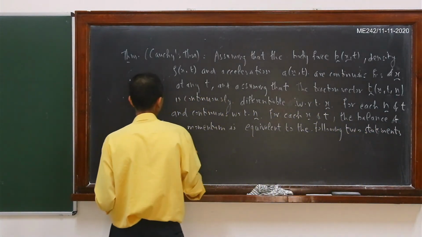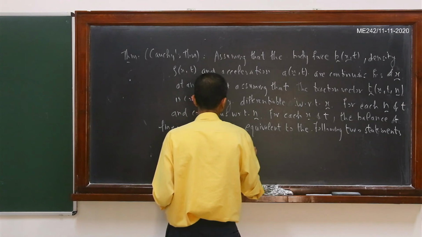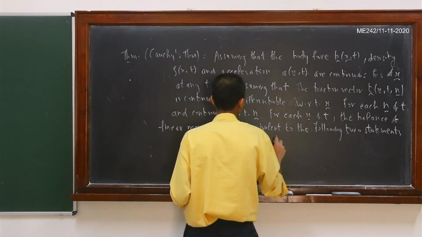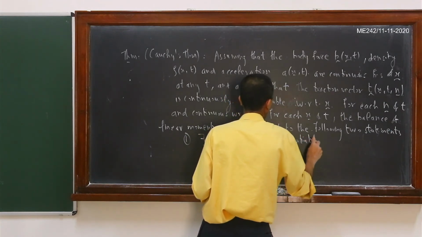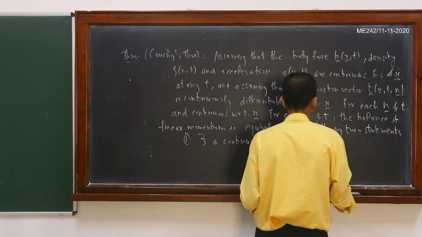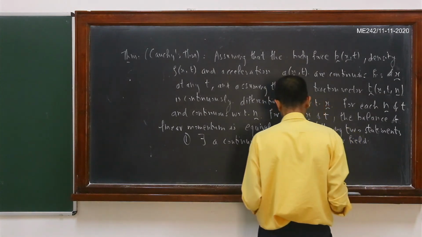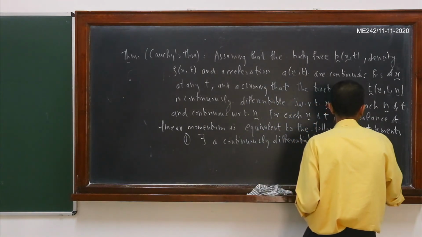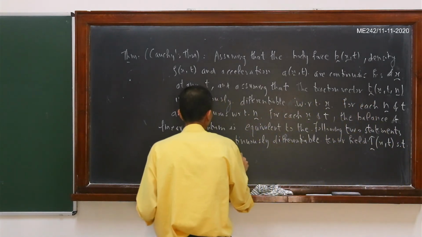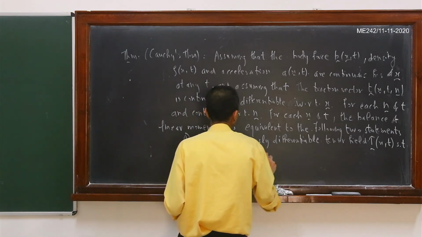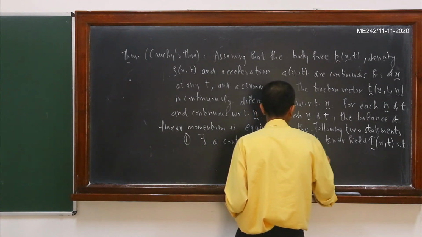One, there exists a continuously differentiable tensor field tau of x, t such that t of x, t, n is equal to tau of x, t times n.